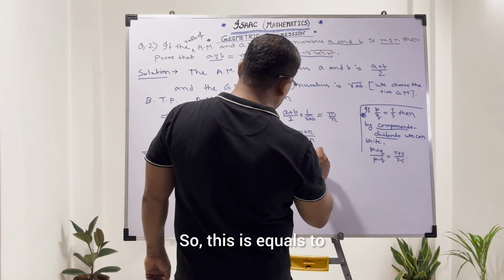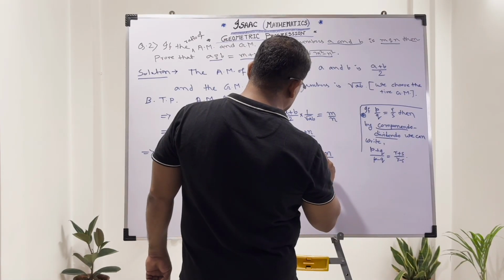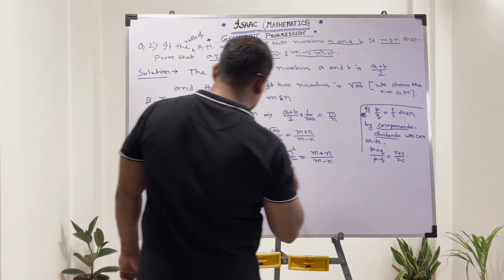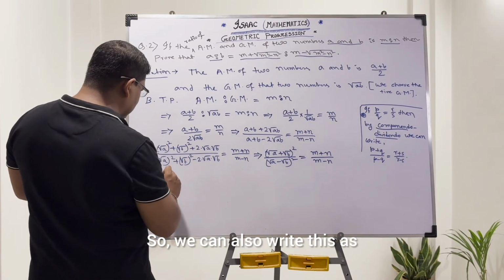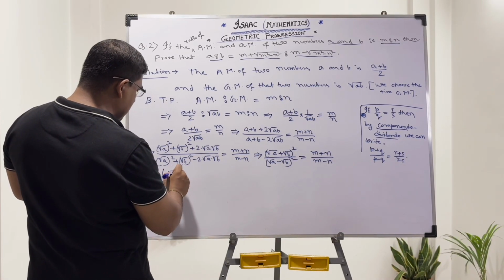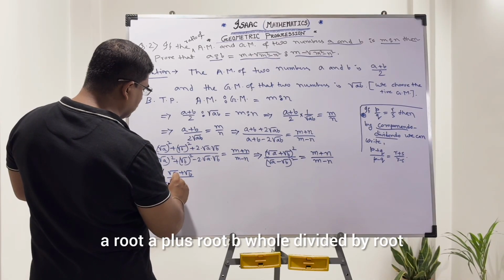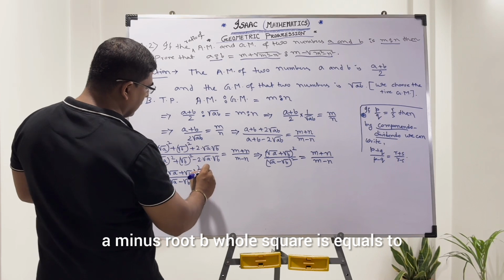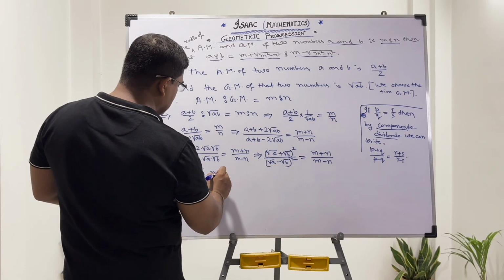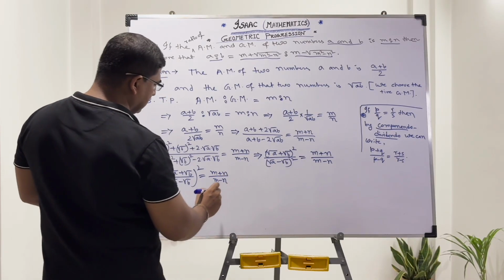So this is equals to m plus n by m minus n. So we can also write this in terms of whole square: root a plus root b whole divided by root a minus root b whole square is equals to m plus n whole divided by m minus n.